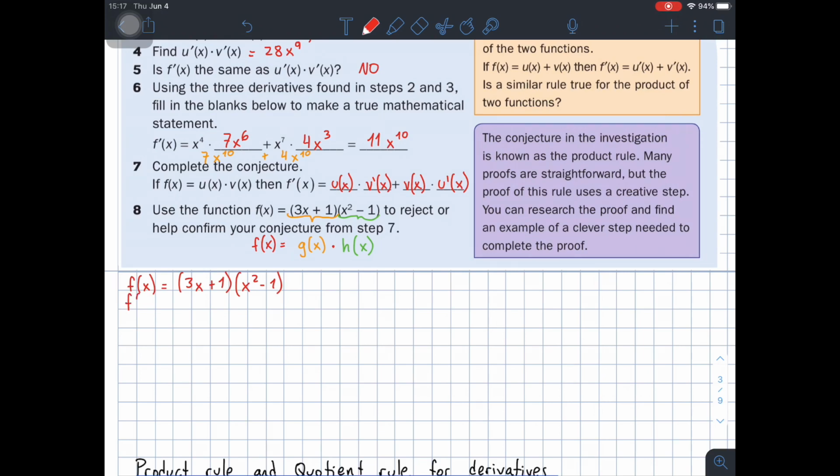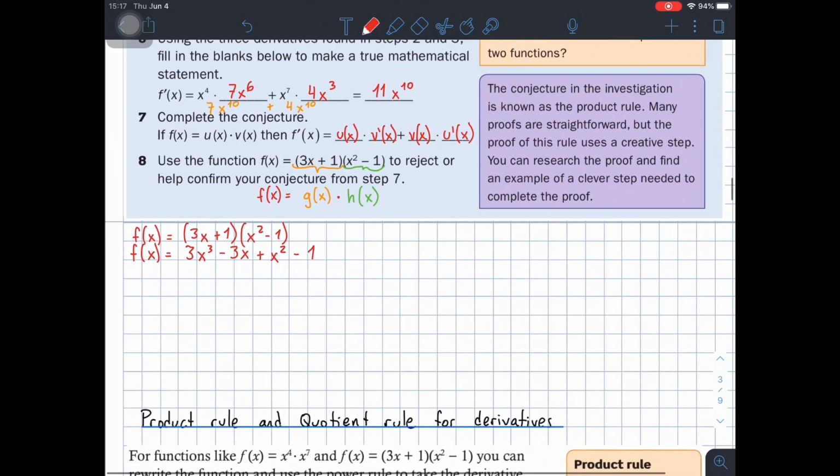Now, if I do the distributive property, this would be equal to 3x cubed minus 3x plus x squared minus 1. And there's no need to reorganize this. I can find the derivative directly.